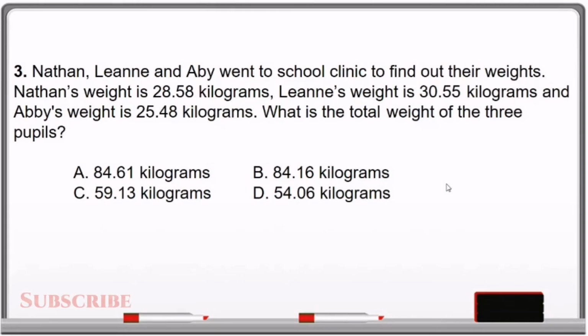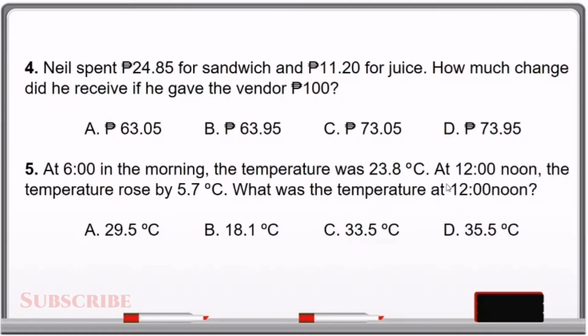Nathan, Leanne, and Abby went to school clinic to find out their weights. Nathan's weight is 28.58 kilograms. Leanne's weight is 30.55 kilograms, and Abby's weight is 25.48 kilograms. The question is, what is the total weight of the three pupils?